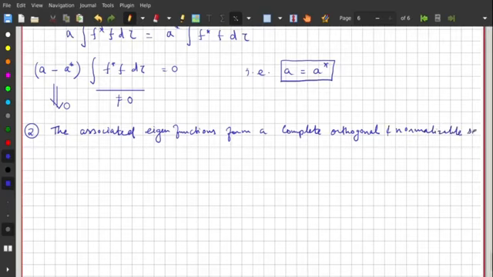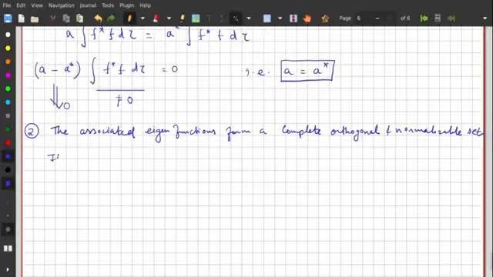Okay, and part of this proof is here. So let's do it like this.